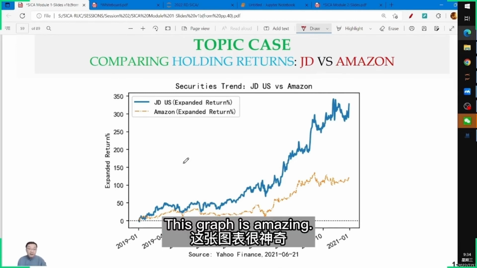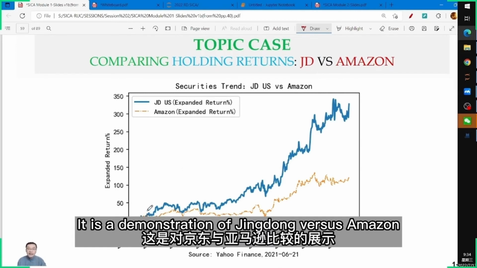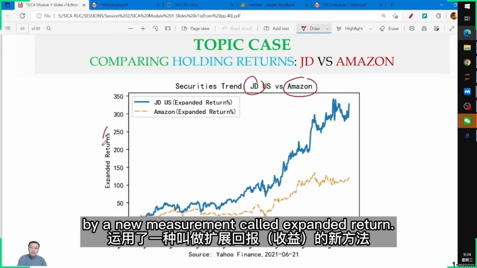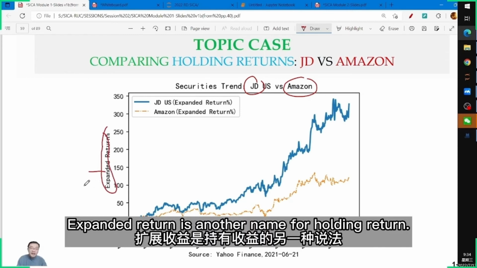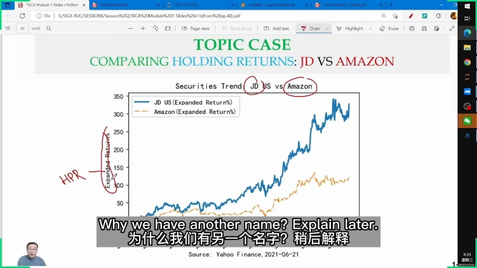This graph is amazing. It is a demonstration of Jingdong versus Amazon by a new measurement called expanded return. Expanded return is another name for holding return. Why we have another name, I'll explain later.